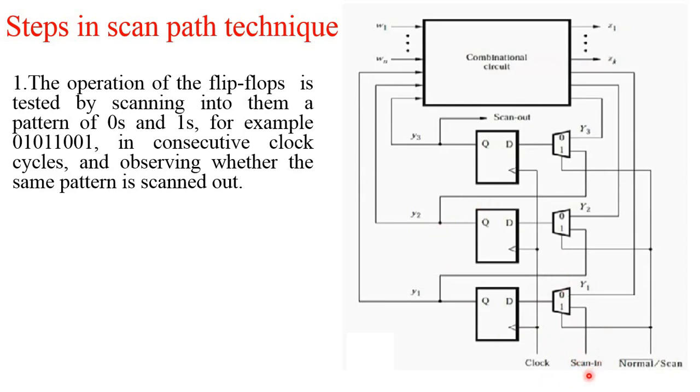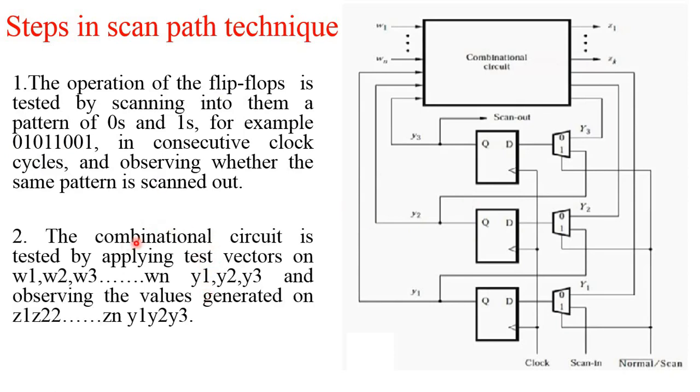Here I apply the scan-in pattern 0, 1, 0, 1, 0, 0, 1. After applying the clock signal, we check whether the scan pattern is scanned out. We can observe whether the scan-out pattern is the same or not. That is the first step.